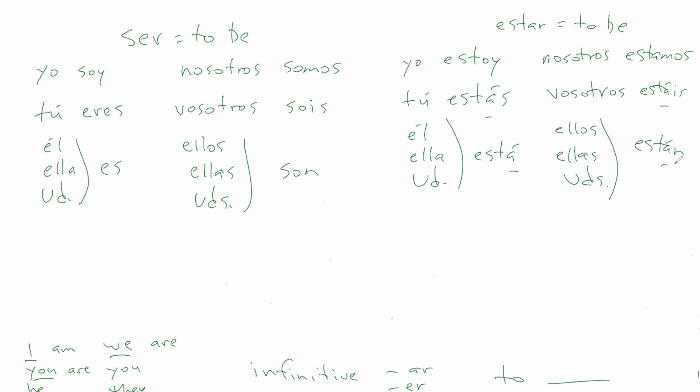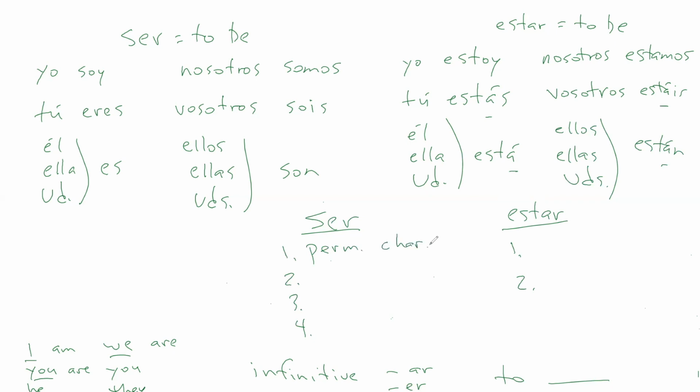Now we'll just do a quick little list of when to use one, when to use the other. So if we're going to do the uses of ser, I have, in some books they break it down differently, I basically have 4 uses of ser and 2 uses of estar. Okay, so for ser, we're going to use it for permanent characteristics.